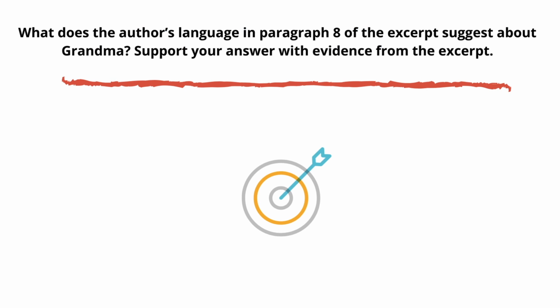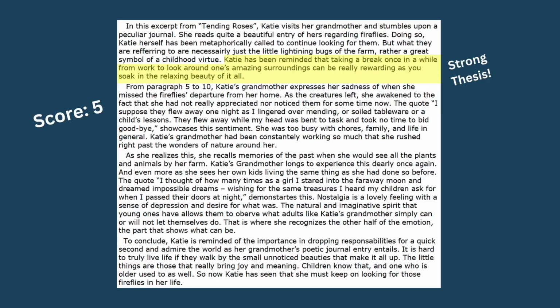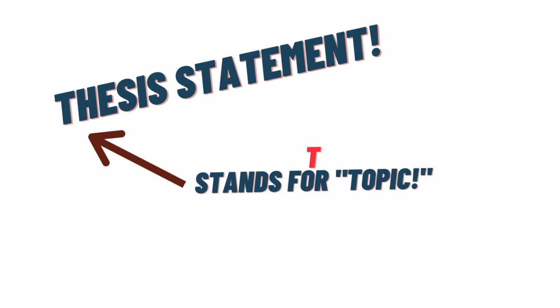So we want to tell the reader what Grandma's journal says about her. So right here, what we have is a student response, and this is a perfect score, a score 5, okay? And what I've got highlighted here is the thesis statement.